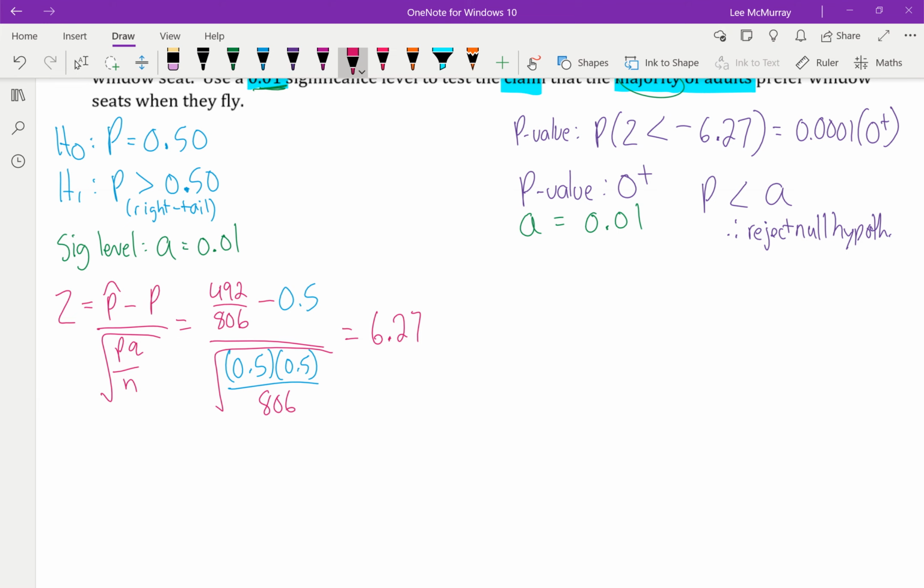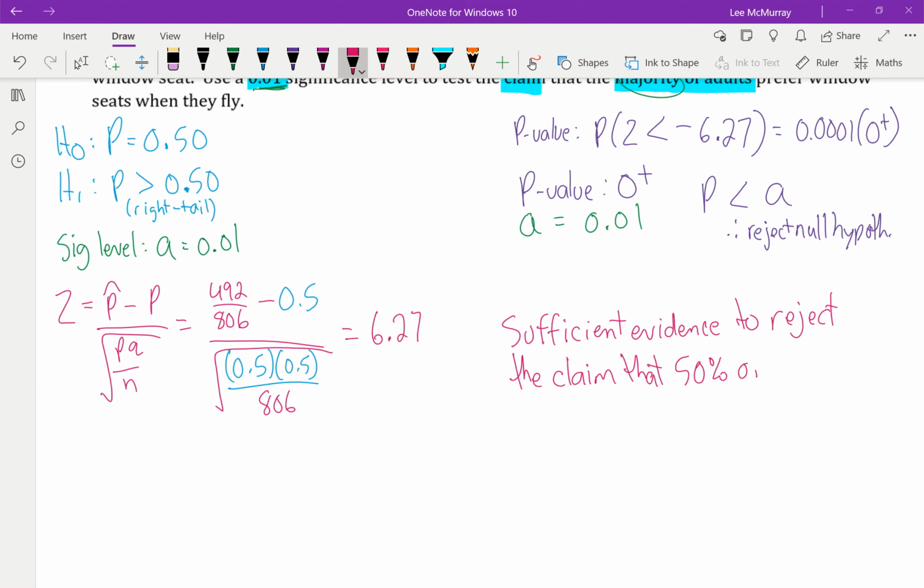We can say that there's sufficient evidence to reject the claim that 50%, so the null hypothesis would be that 50% of passengers prefer the window seat.